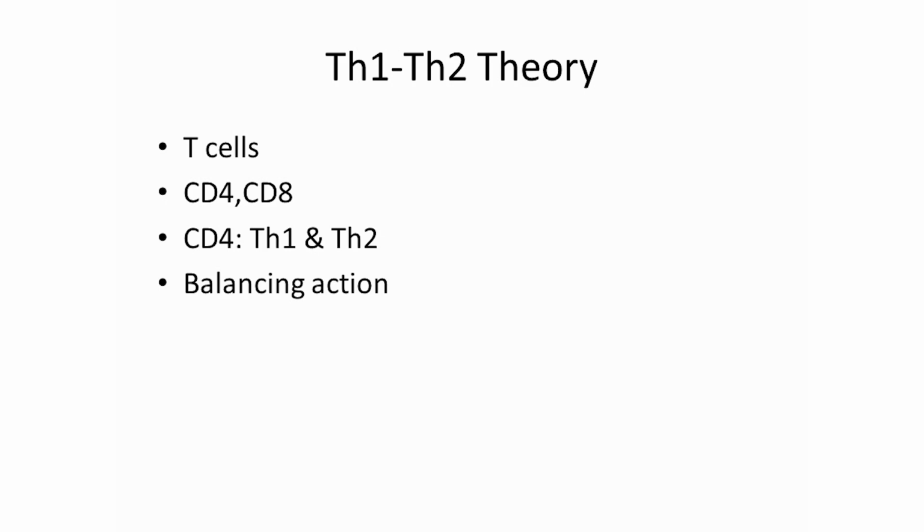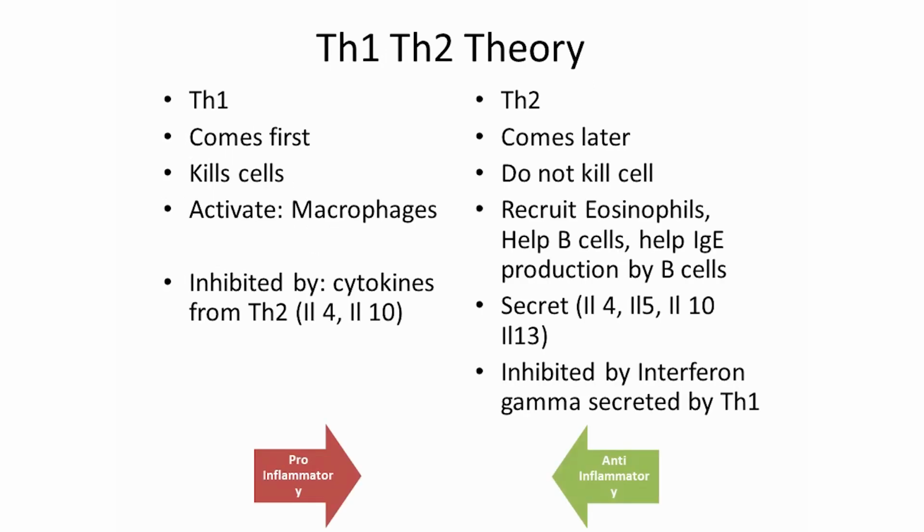Both of these groups have a balancing kind of action. I've seen in this slide, the Th1 response comes first. As soon as the infection is there, the first response is the Th1 response. Its role is to kill cells.